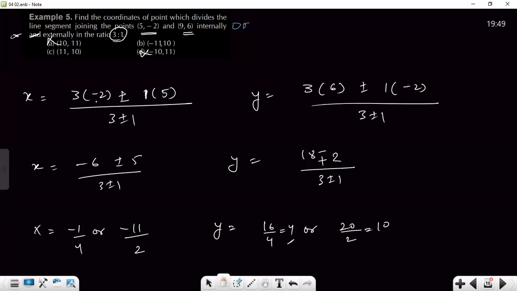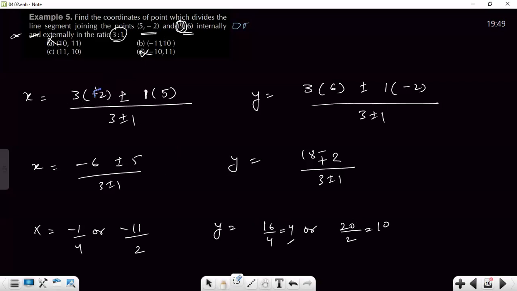Now let's check for +11 or -11. Let's recalculate the x. So m1 is 3, x2 which is 6 here. Sorry, x2 is 9 here. So there's the mistake I have also made.